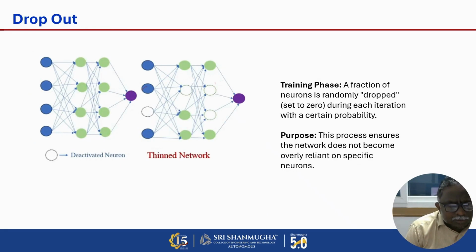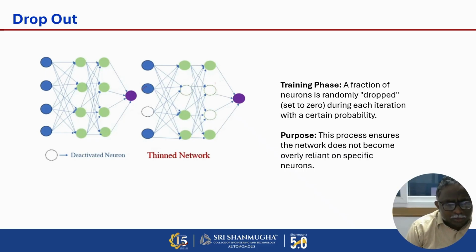Dropout is basically deactivation of neurons, I can say. So when the model complexity is high, when you have a high number of hidden layers, or a large number of neurons in the hidden layers, the blue one is the input layer and the green one is the hidden layers.